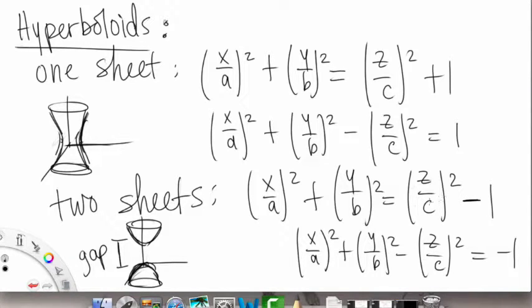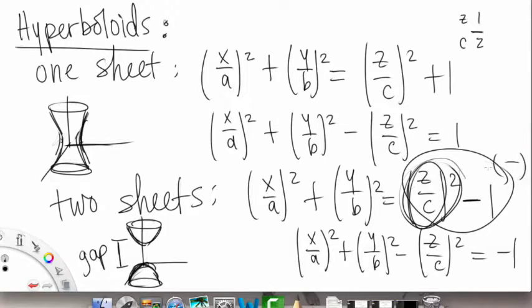So the gap occurs basically because of the formula, right? If our z value is less than c, that means we have, for example, 1 over 2 or something, so z is less than c. When that happens, this whole quantity, z over c squared, is going to be less than 1. So if we have less than 1 and then we subtract a 1 from it, that means the right side is going to be negative, right?